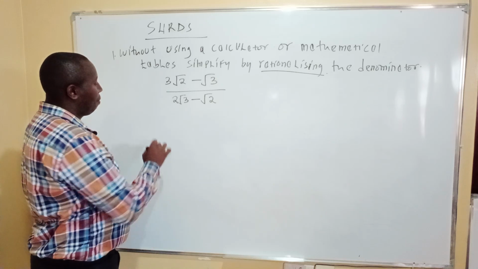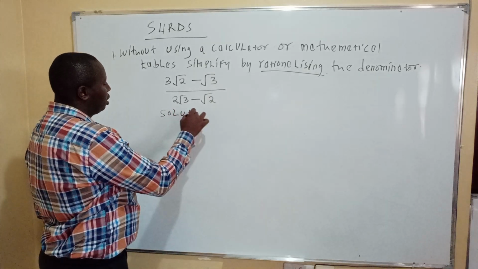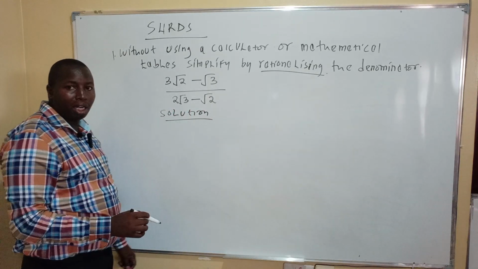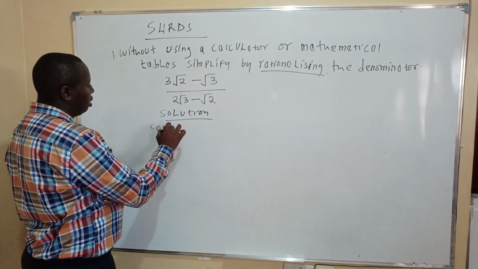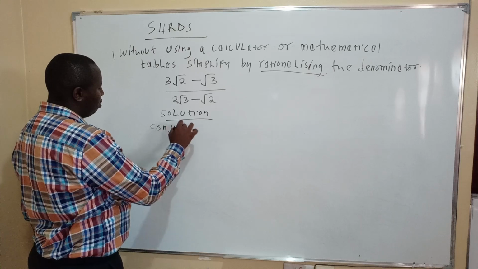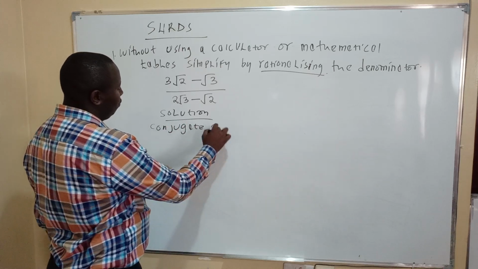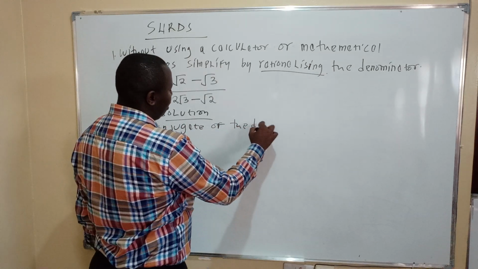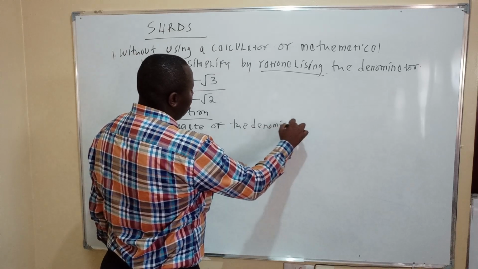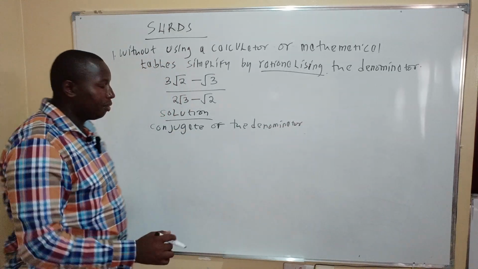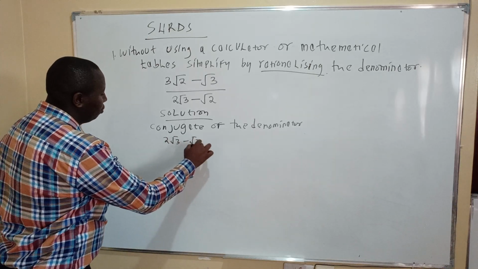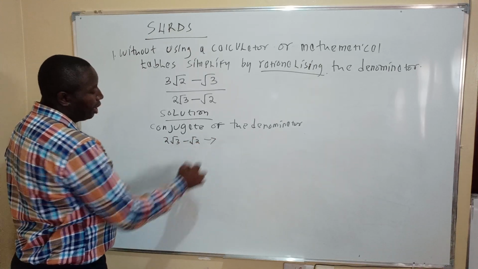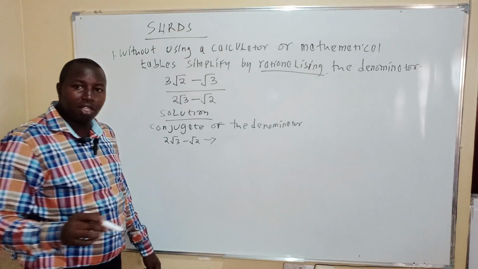Then the next step, you check the denominator. By rationalizing, there is something that you call the conjugate. The conjugate of the denominator: if you have 2 root 3 minus root 2, the conjugate is the other factor of a difference of 2 squares.